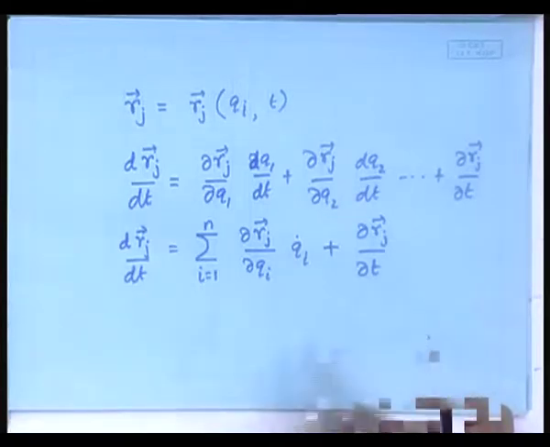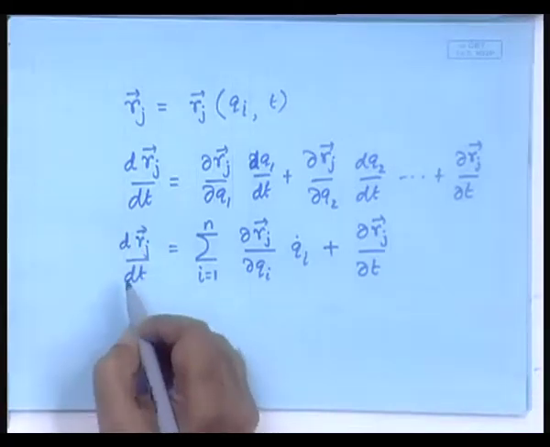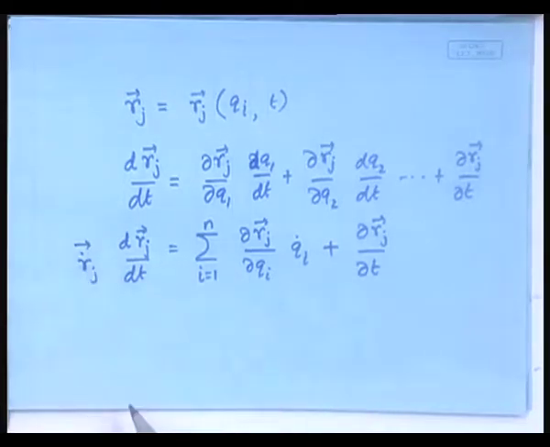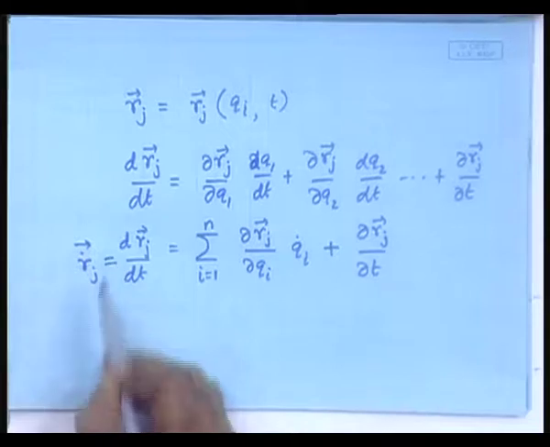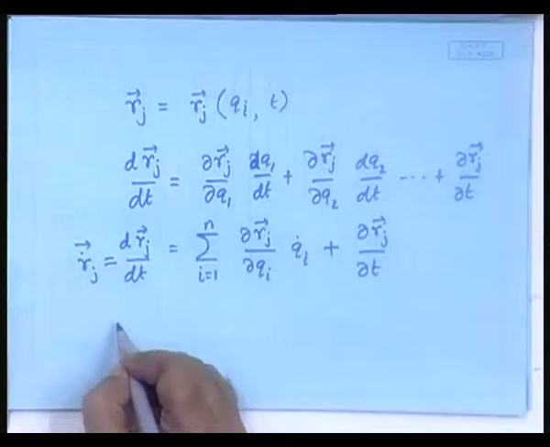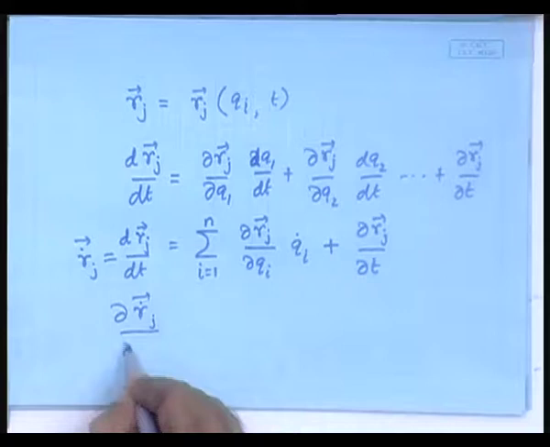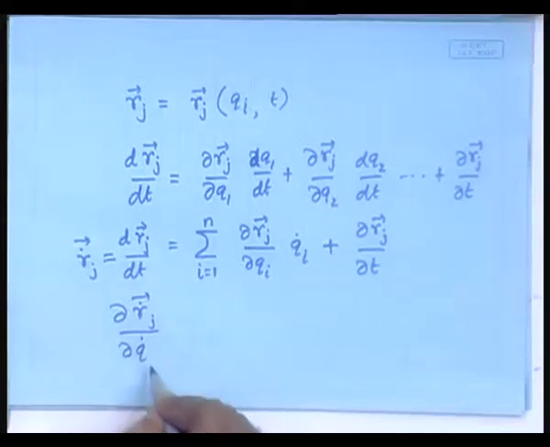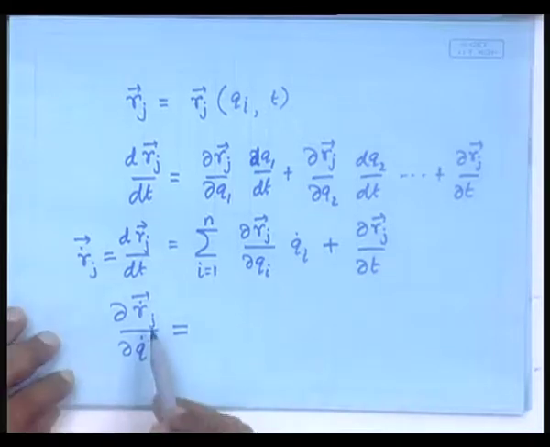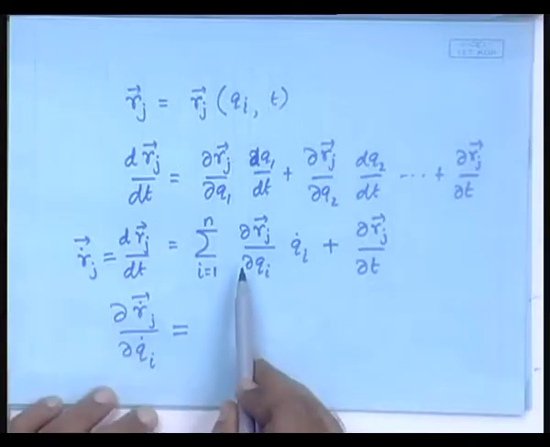Now, if I ask you, this is r dot j, how does this fellow depend on the generalized coordinates? So, if I ask you del r dot j del q dot I, what do you get? Suppose you want to express this derivative. Look at the right hand side.